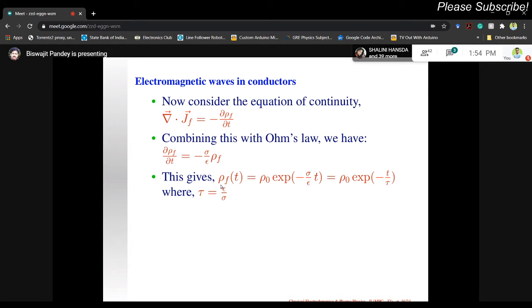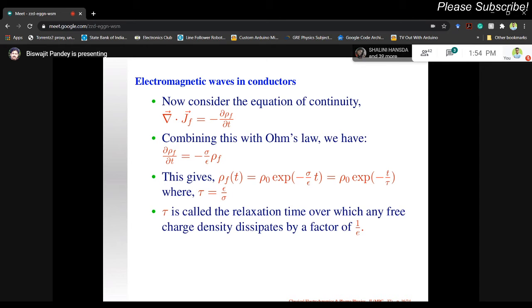Now you see this tau. What is the significance of tau? Tau is called the relaxation time. So what is relaxation time? It is the time over which any free charge density in a conductor dissipates by a factor of 1 by e, that is 0.367 times the original charge density in the conductor, roughly a third of the value that we start with.